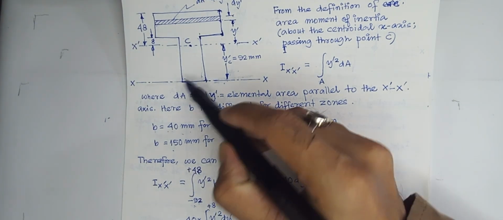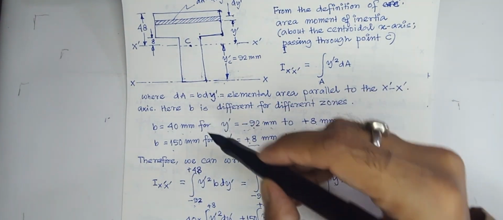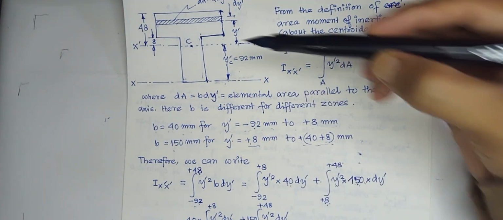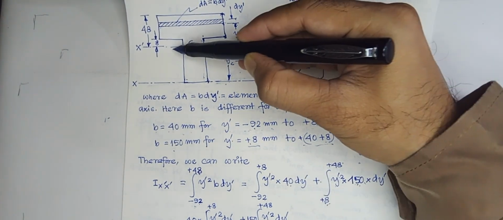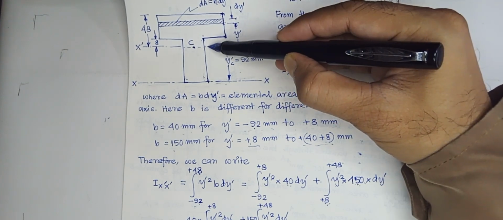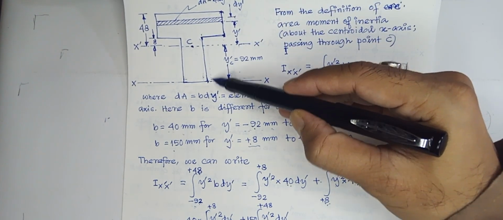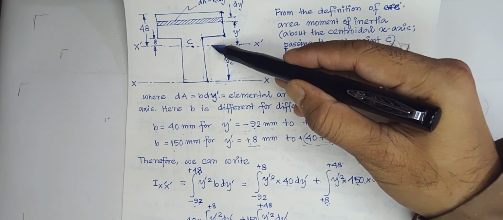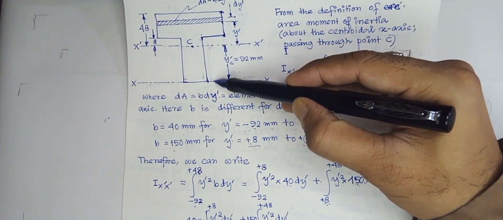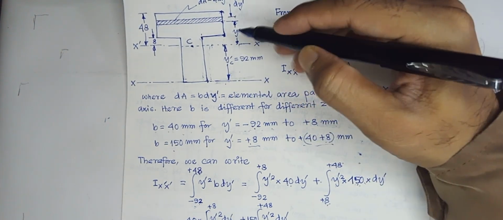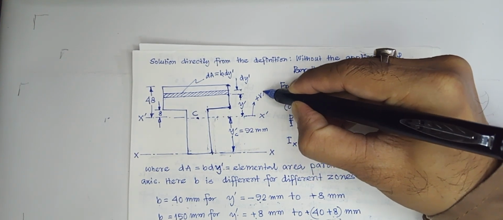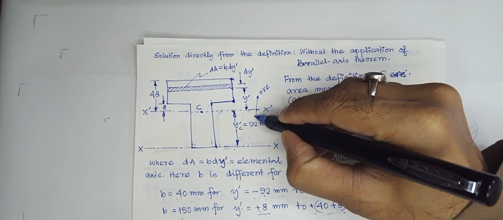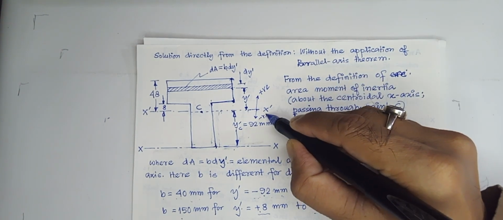Y is measured from this axis, that means from point C. Therefore in this direction it will be positive and in this direction it will be negative.